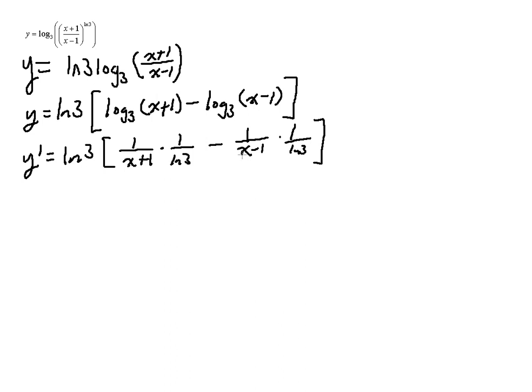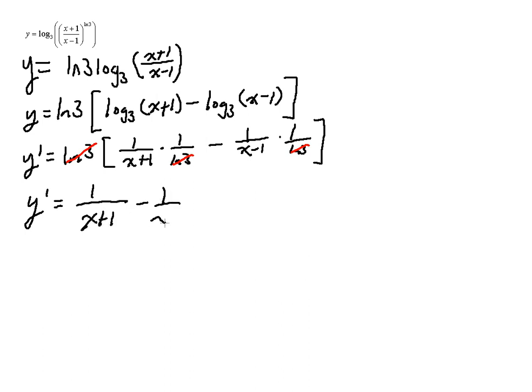So if we distribute this ln of 3, it will cross out with these ln of 3, and then we're left with y prime equals 1 over x plus 1 minus 1 over x minus 1.